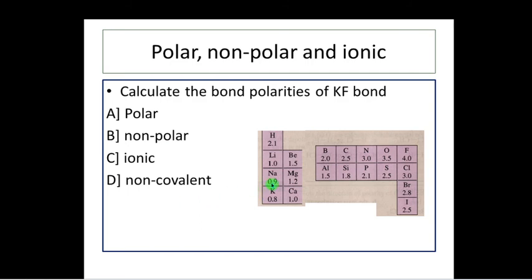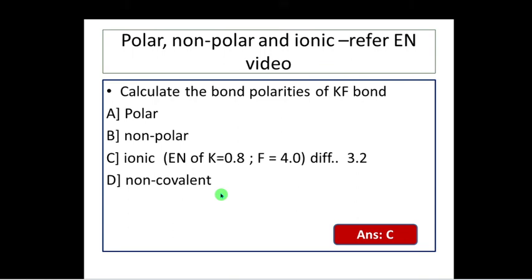As I already discussed in the previous videos on polar, non-polar and ionic bonds, we need to monitor the electronegativity of potassium as well as of fluorine. The fluorine value is more than the potassium value. Potassium is 0.8 and fluorine is 4, so the difference is 3.2.